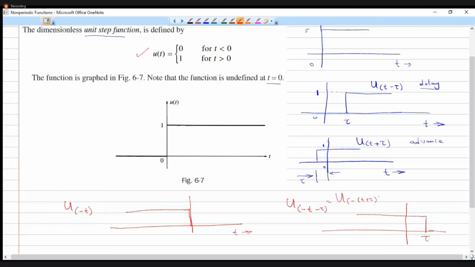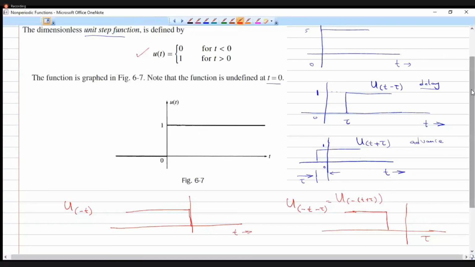It is just like u of t plus tau, which is inverted. You have to check whether it is like this or not. I think it is like this because you are shifting and inverting t plus tau. So it should be like this. Let's verify this.